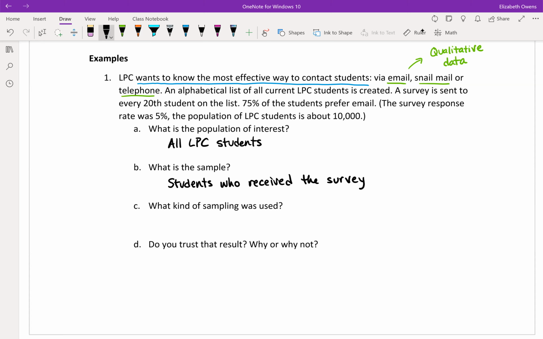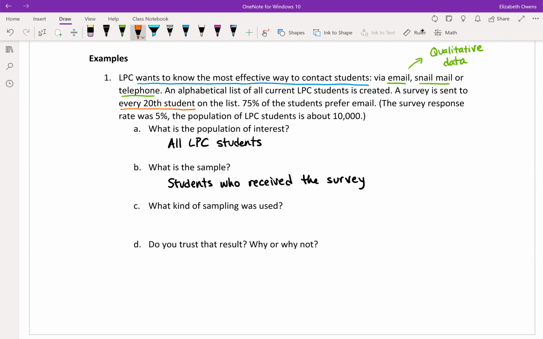Okay, so in order to create that sample, what type of sampling was used? Well, let's look for our sampling technique here. We see that the survey is sent to every 20th student on the list. So that fits into our idea of, what is it now? That is systematic random sampling.